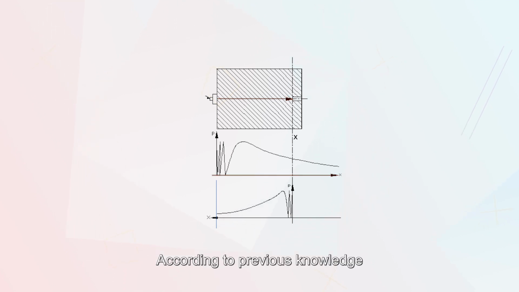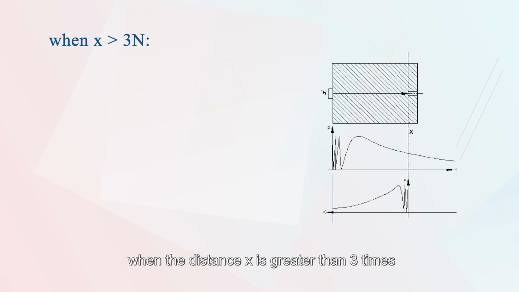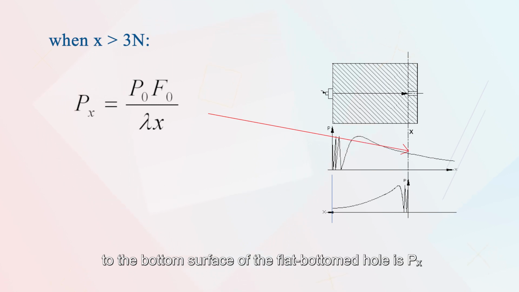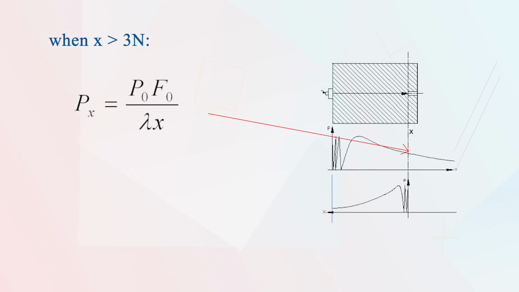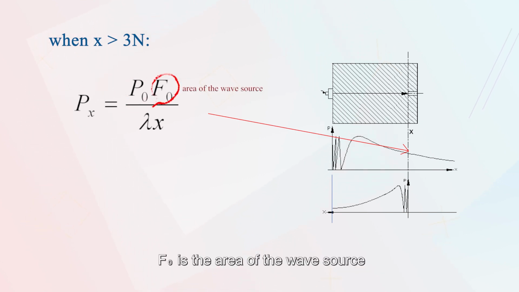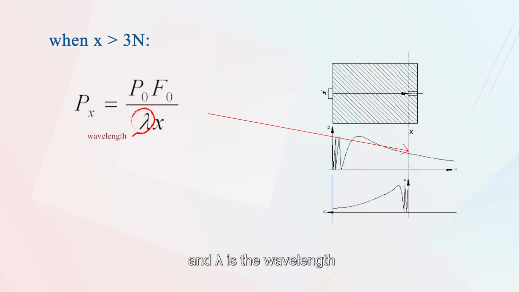According to the previous knowledge, where the distance x is greater than 3 times the length of the near-field region, the sound pressure of the ultrasonic wave transmitted to the bottom surface of the flat-bottomed hole is Px, where P0 is the initial sound pressure, F0 is the area of the wave source, and lambda is the wavelength.